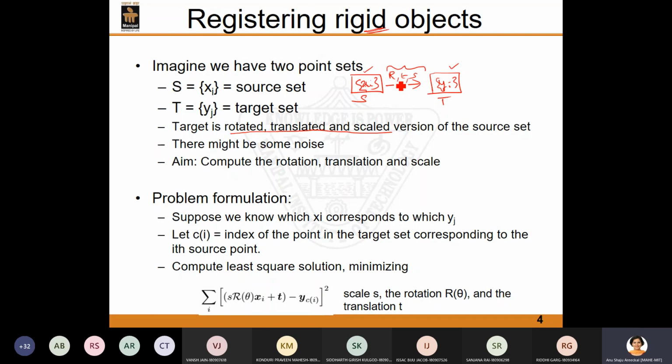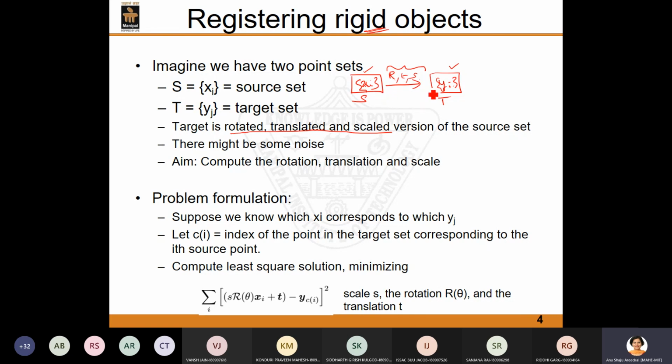That is, trying to find out what the rotation, translation, and scaling operations are that could map between xi and yi. In that case, the first thing we need to do is find the correspondence between these two sets of points, the points in the source image as well as the target image. That is, which point on the target image is a transformed version of which point in the source image?